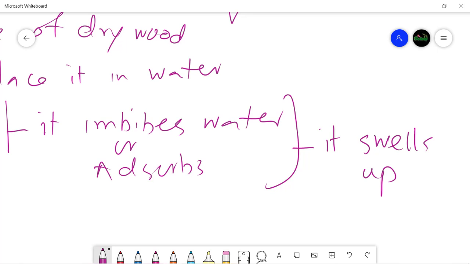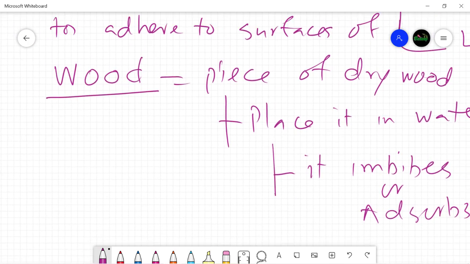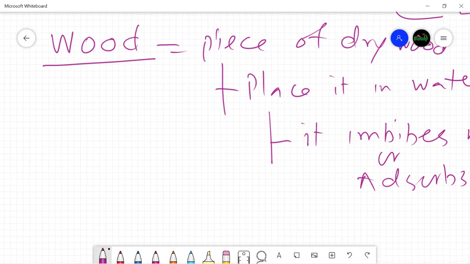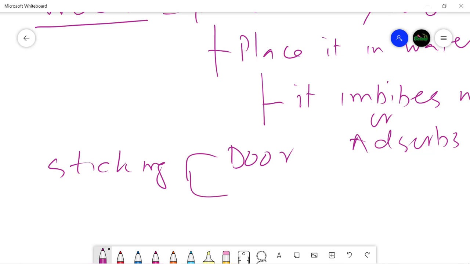And this is a very common phenomenon, and most of us have encountered this. In fact, it is mostly encountered in prolonged rainy seasons. What we observe is sticking doors and windows, especially wooden doors and windows. The doors and windows sometimes get stuck when we try to close them or open them.